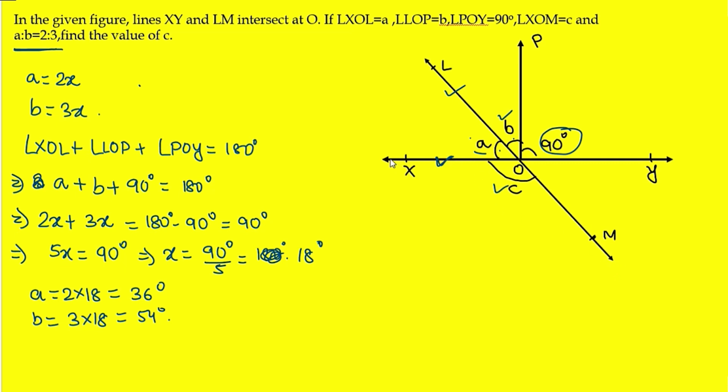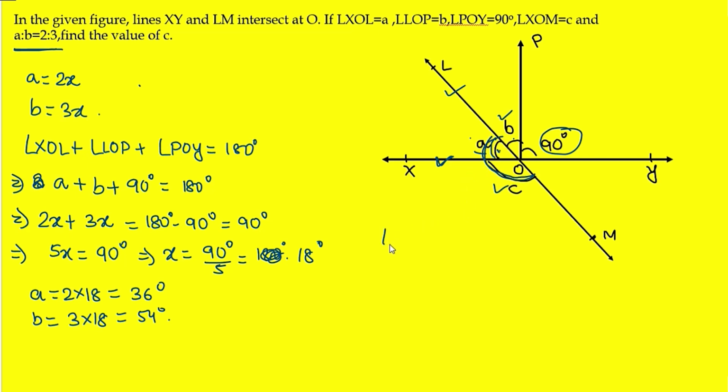So, OX is a ray standing on LM, right? So this ray makes two adjacent angles, that is angle LOX and angle MOX, which are the two adjacent angles, and these two give us 180 degree.